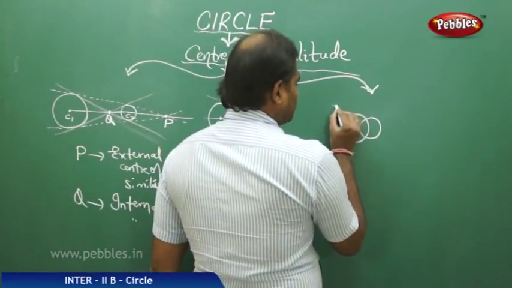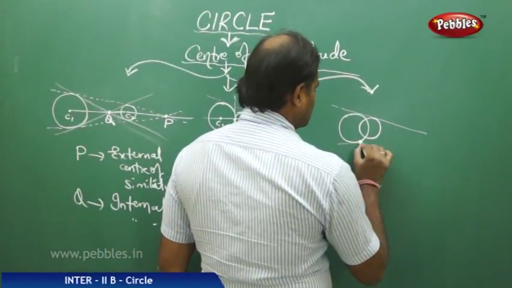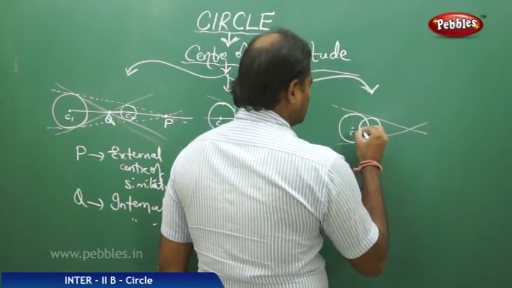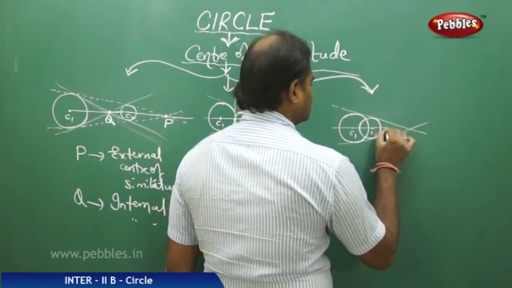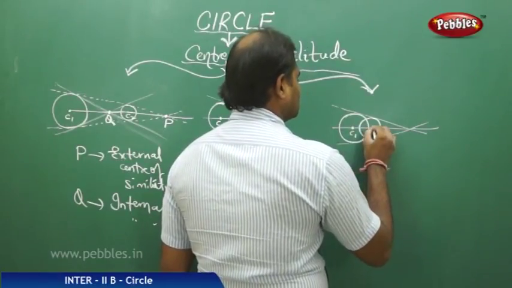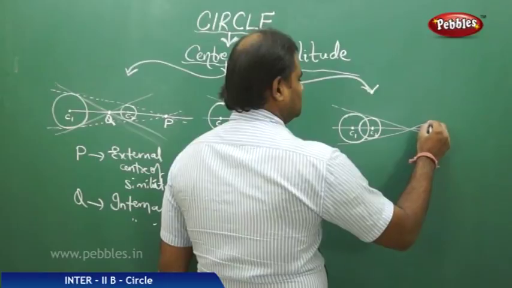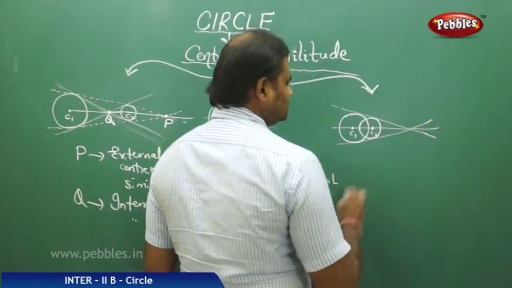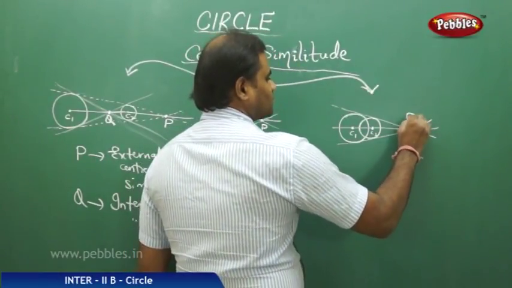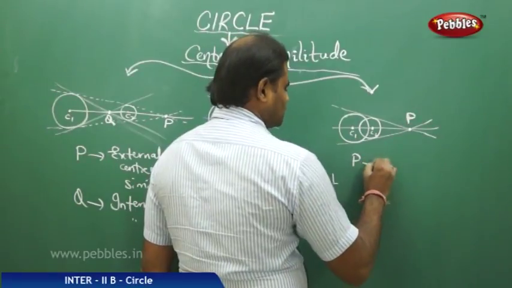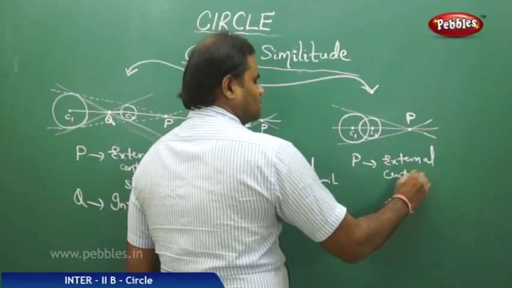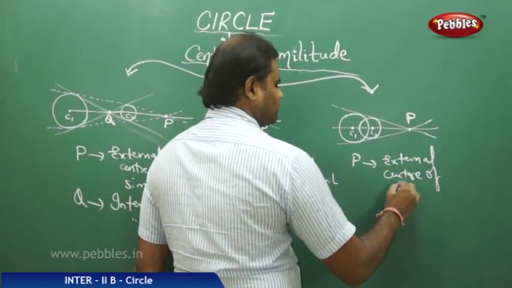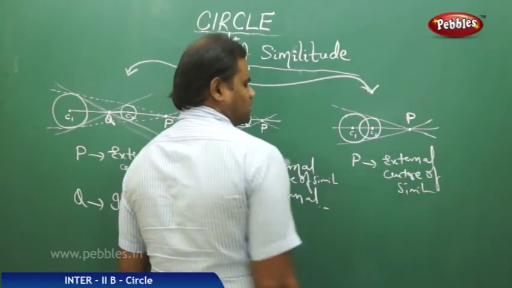Now similarly, if I draw the common tangents out here, the center of this circle and the center of this circle pass through the point P, which is called the external center of similitude.